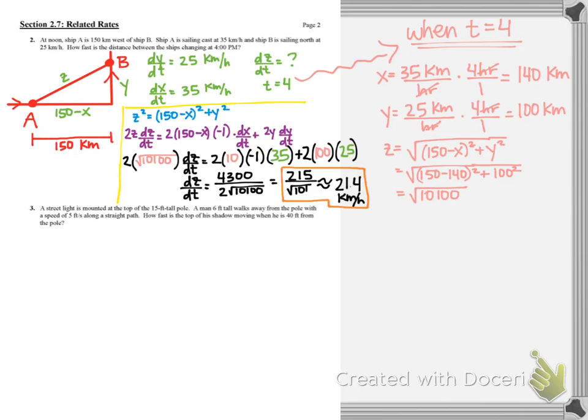Now, when you're doing WebAssign, you would use a calculator to get the 21.4, and they would tell you how many places to round to. On an exam, you would leave the fraction as is, simply because you're not allowed to use calculators.